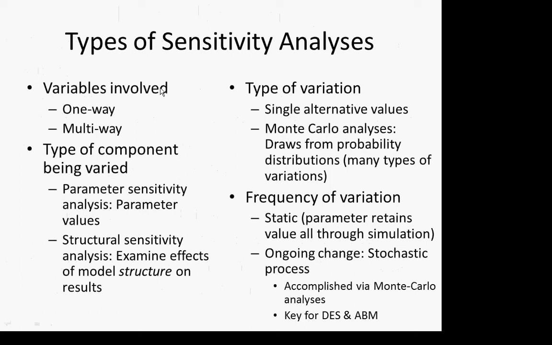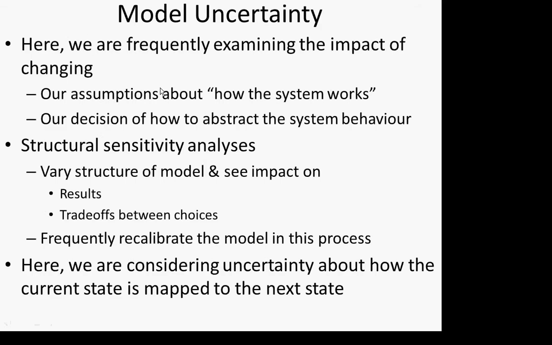A common way you'll see in the medical decision-making literature, you can talk about one-way sensitivity analysis, multi-way sensitivity analysis, and there's questions whether you're examining things in a grid, for example, some sort of regular structure, whether you're drawing the values of these parameters from distributions, whether you're examining the results on a static basis or a dynamic basis. In other words, is this parameter being drawn from a distribution over time, or is it a single value that's assumed to apply all through the model?